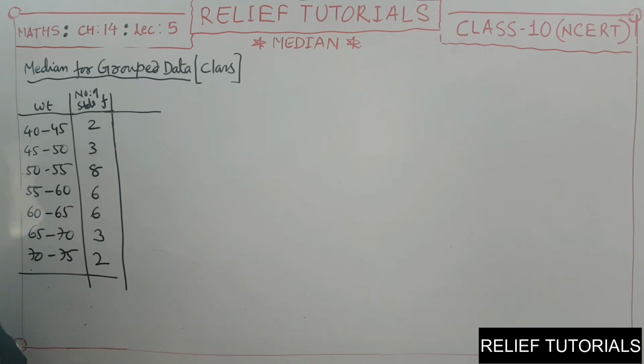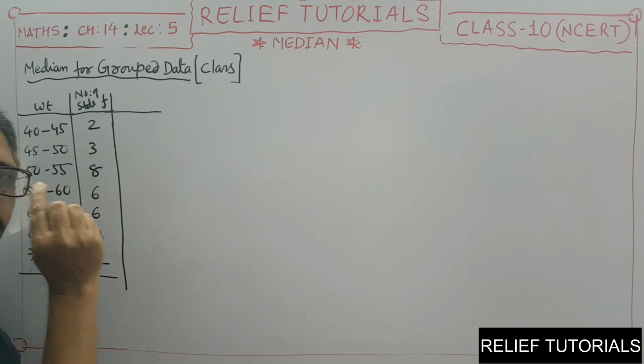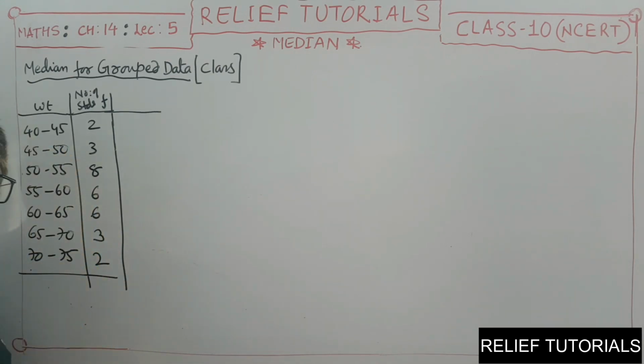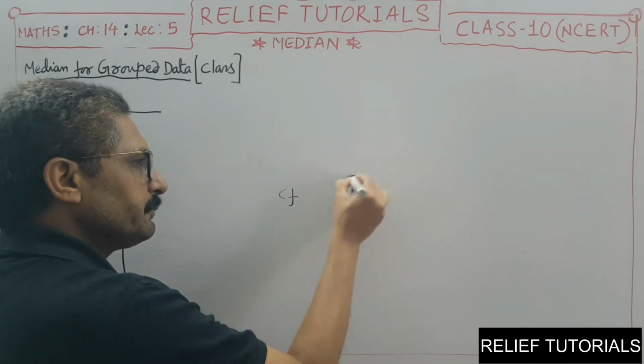So now the question arises, which class should it be? In order to find that particular class which contains the middle value which divides the distribution into two halves, we have to find the cumulative frequency and n by 2.